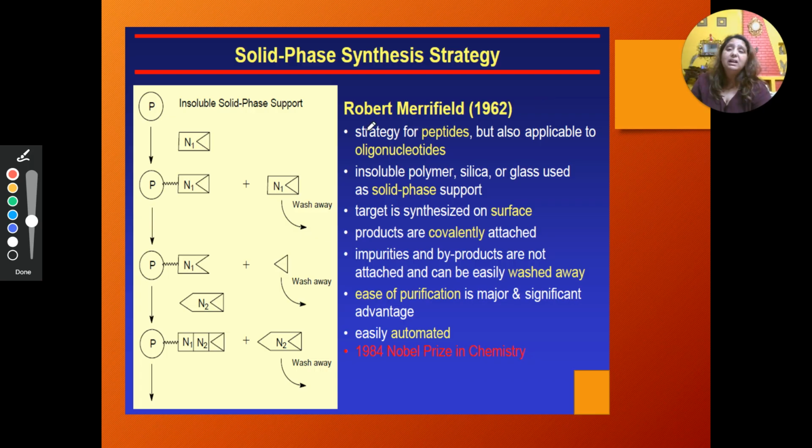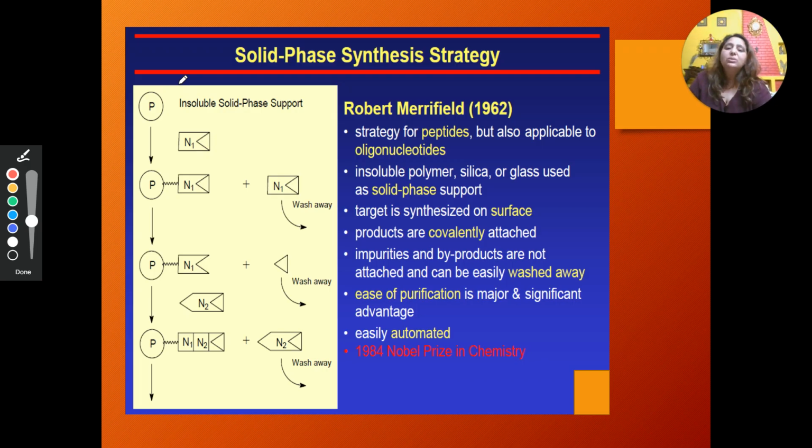In this, what we do is make a base. Base means this is the background that you see behind. A background or base of insoluble polymer, either polymer or silica or glass bead, is made as a solid support. On this surface, the oligos are synthesized.